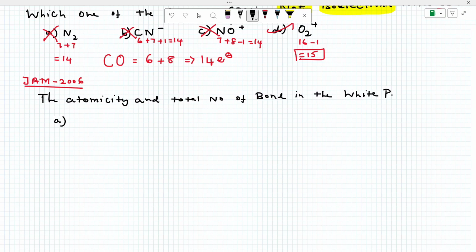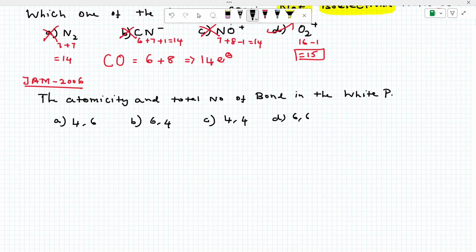Option A 4, 6; option B 6, 4; option C 4, 4; option D 6, 6. Simple question: the atomicity and the total number of bonds in white phosphorus.